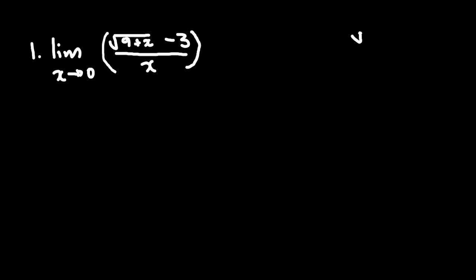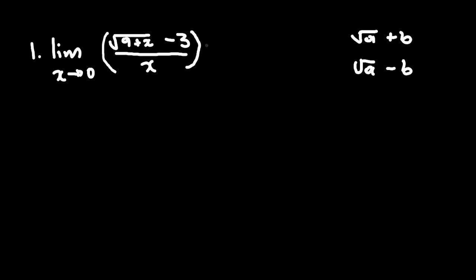The conjugate of root a plus b is root a minus b, and vice versa. The conjugate of root a minus b is root a plus b. So here we can apply this concept of conjugate.